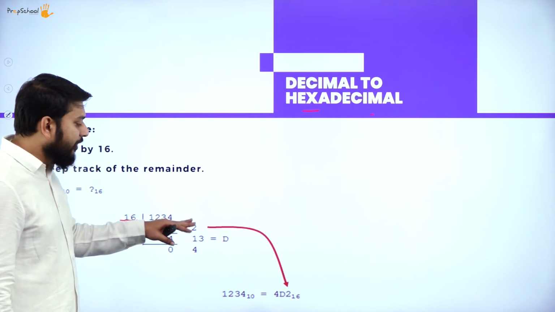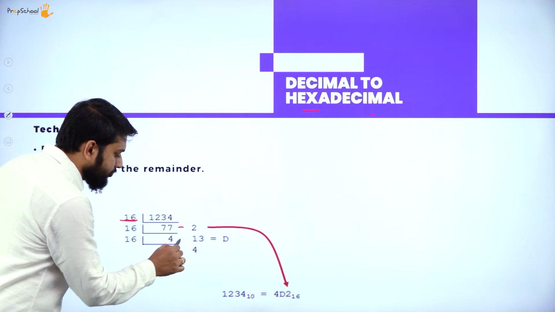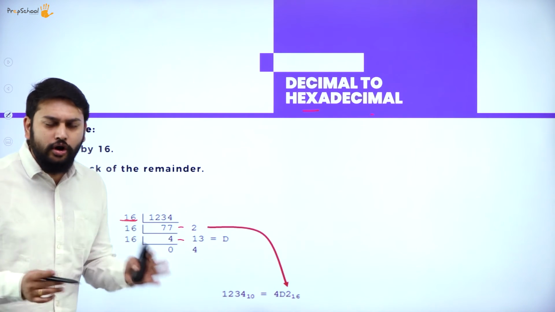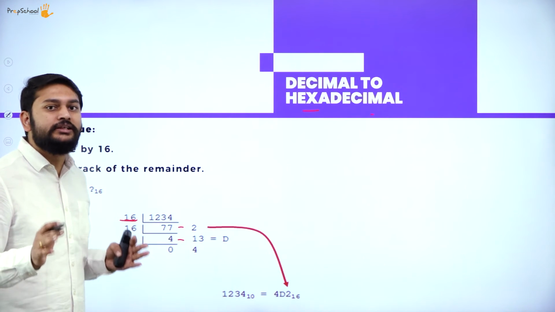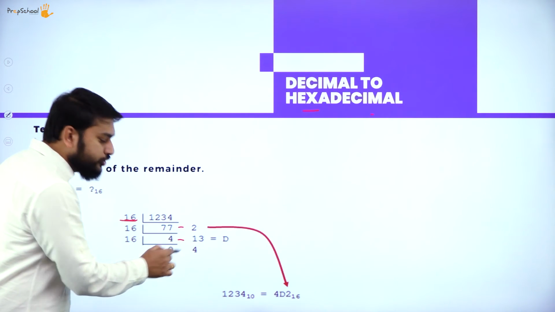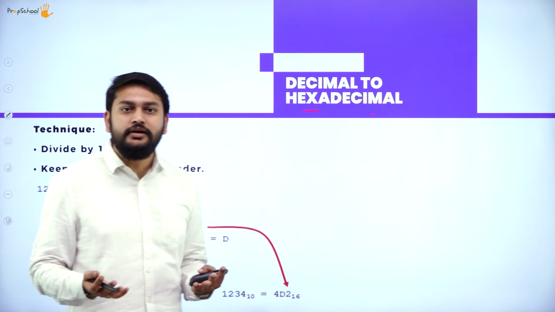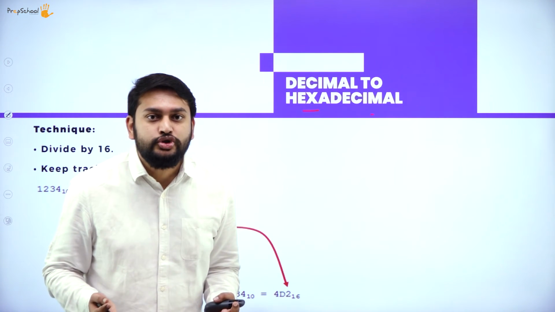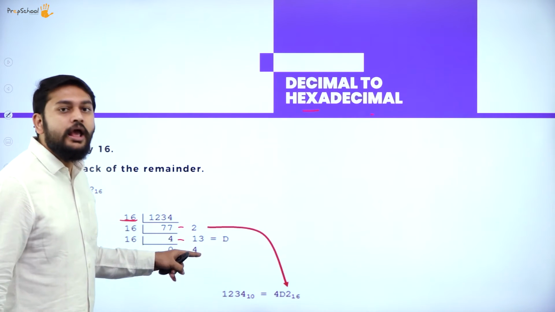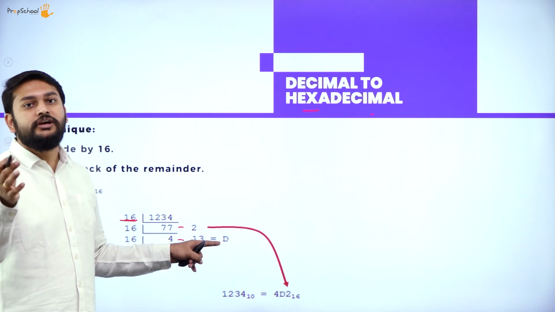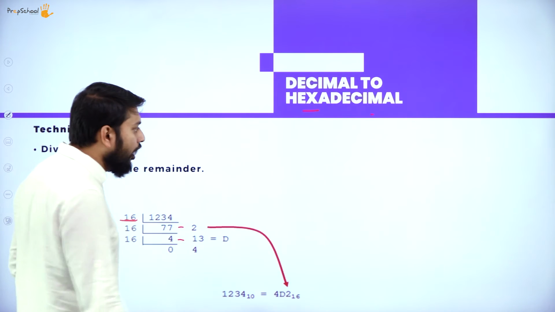Please observe. The remainder that I will be writing here is 2. All of you know that I can represent that in the hexadecimal number. But here I have the remainder as 13, and I don't have any 13 in hexadecimal. So instead of writing 13, I will be writing its equivalent, that is D. You all remember, right?